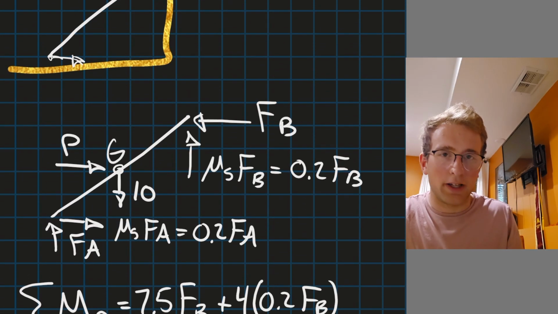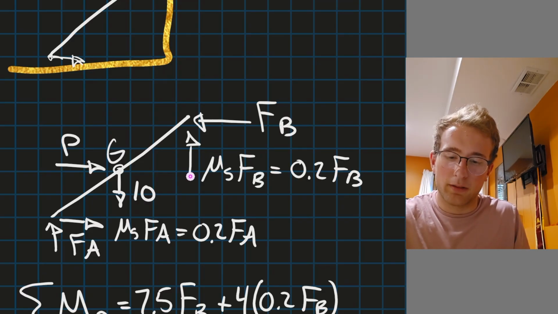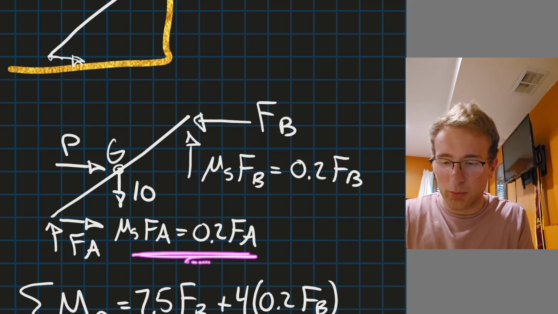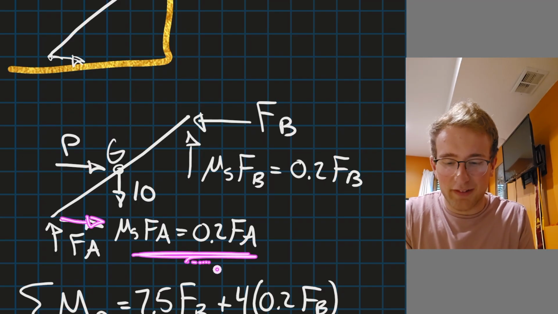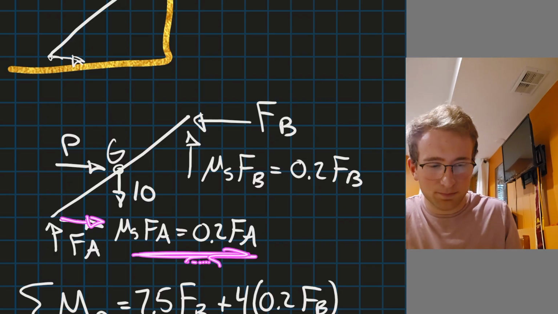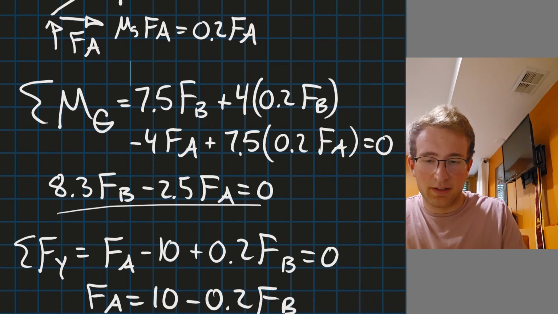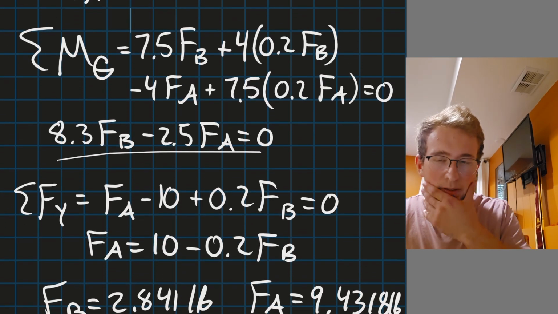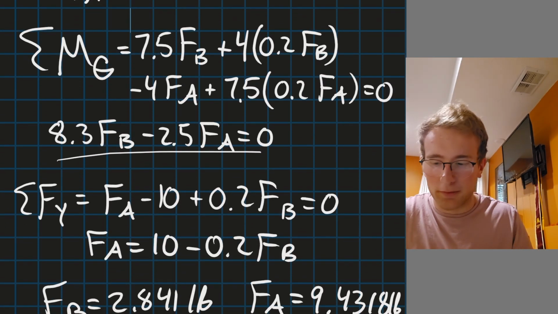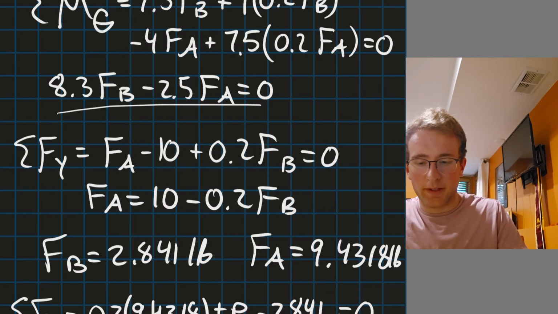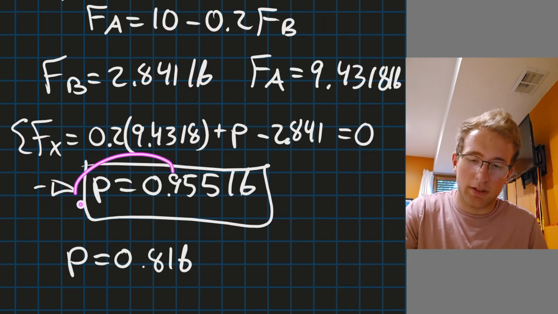So we drew a free body diagram with friction, for reasons I talked about a million times already. We used the frictional force as the max static friction force. Okay, and then we just wrote out a sum of moments, sum of forces equations, solved that system to get our final answer here.